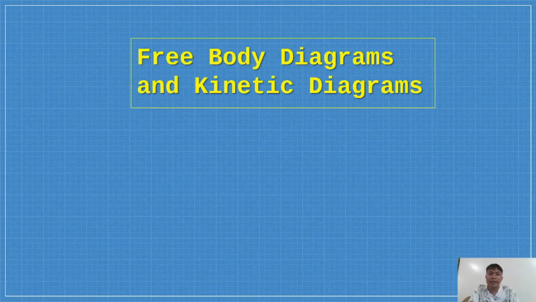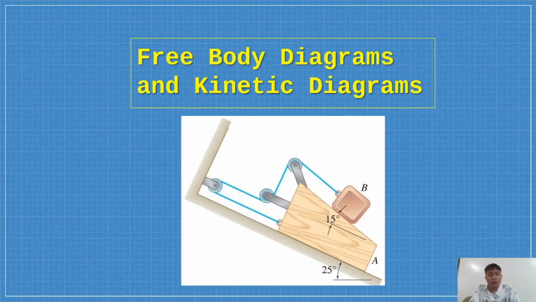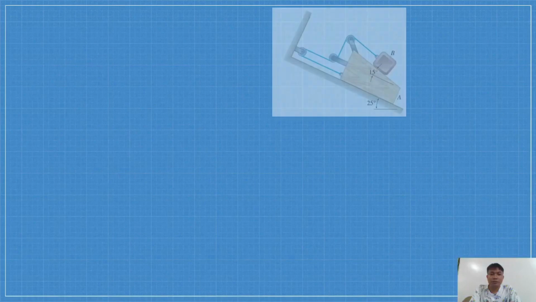So, free body diagrams and kinetic diagrams. This is very important when we solve problems, because in this part we are able to analyze and understand the problem through illustration. For example, this is the body that we are considering.